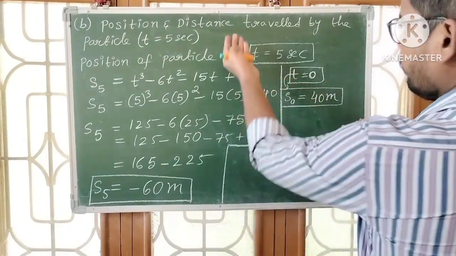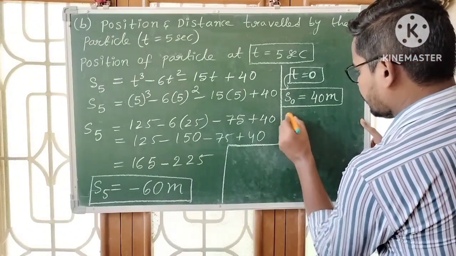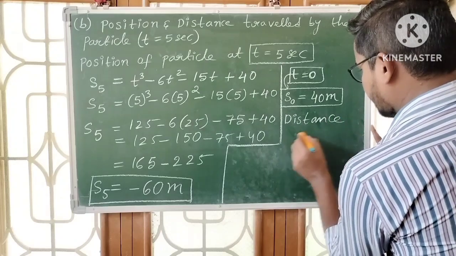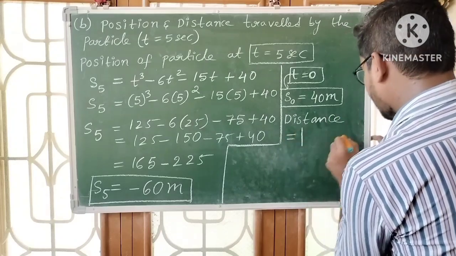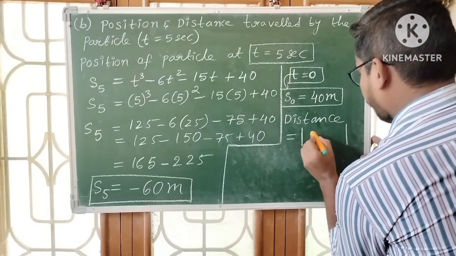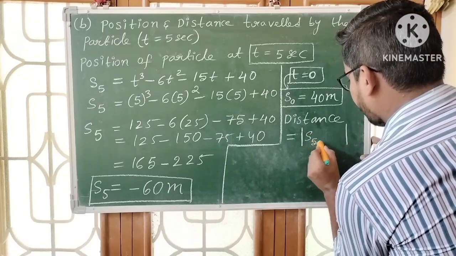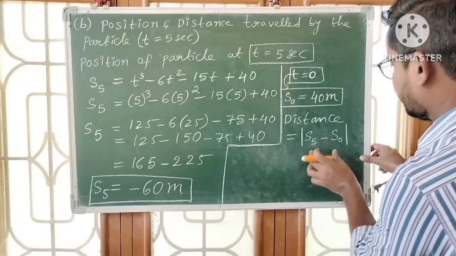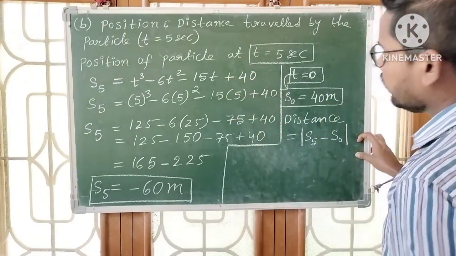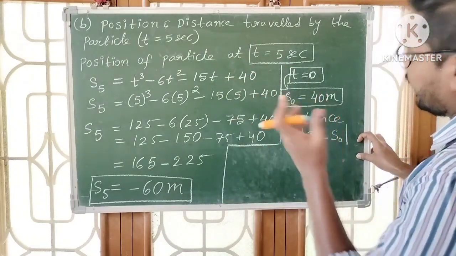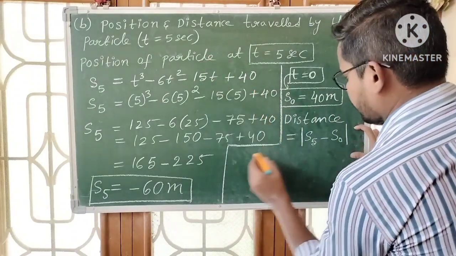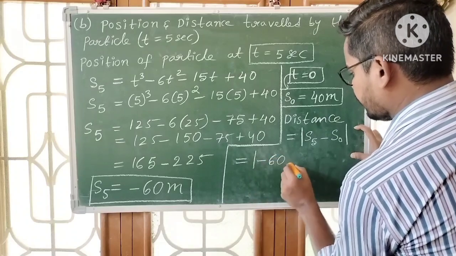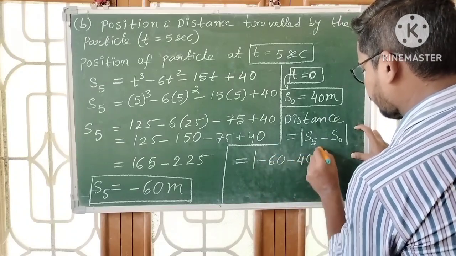Now we need the distance travelled by the particle. So what is the formula for distance? Distance is equal to the modulus of the final position, S5, minus the initial position, S0. This is the formula for distance travelled by the particle. At t is equal to 5 seconds, final position is minus 60 meters minus initial position 40 meters.